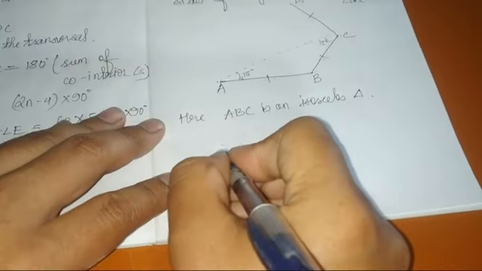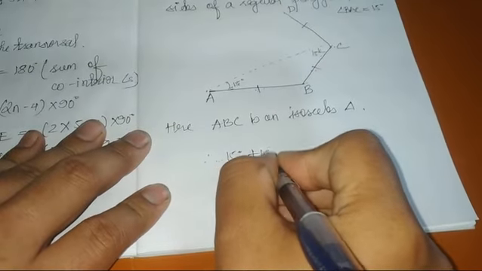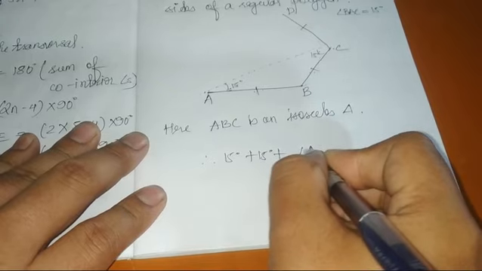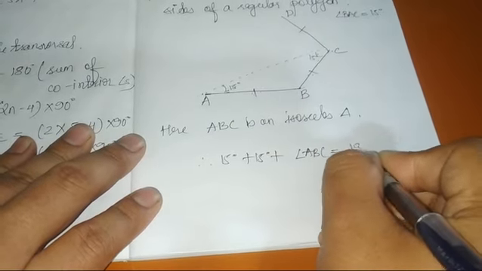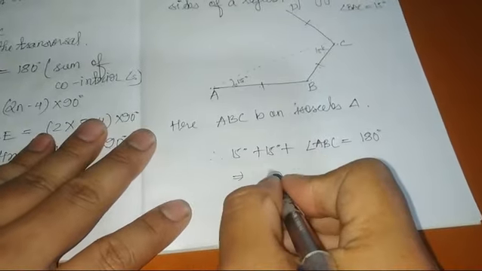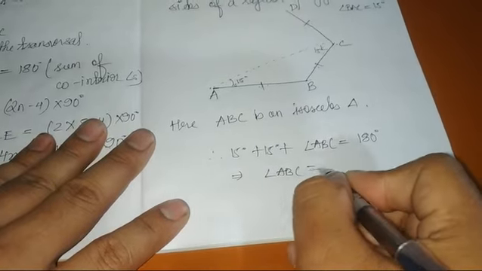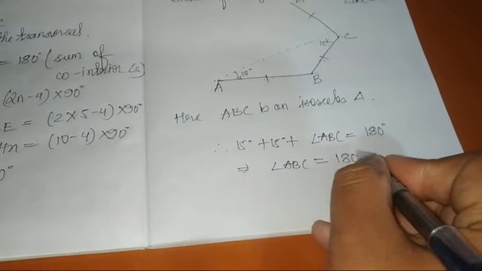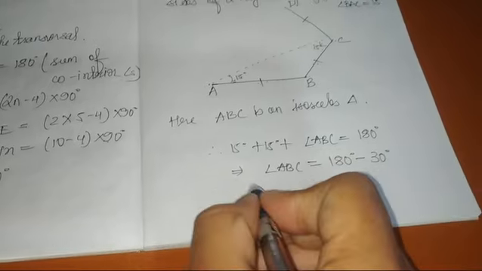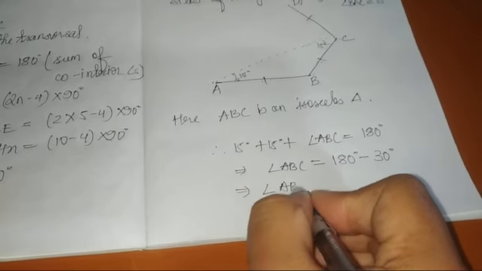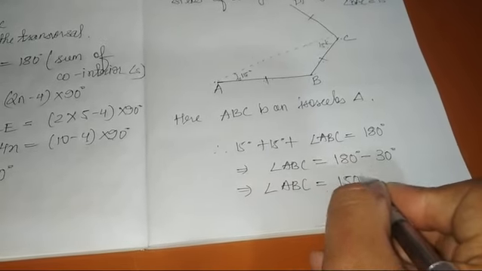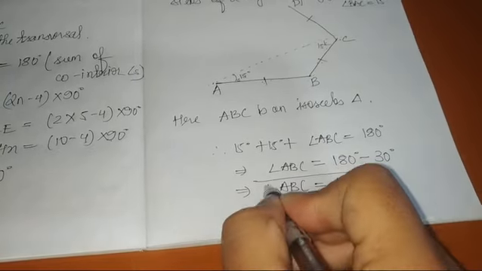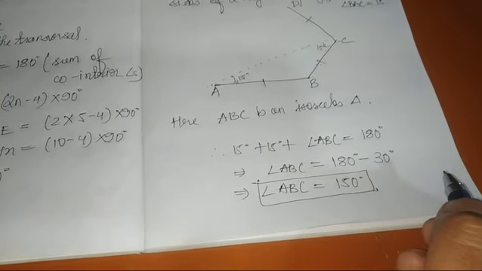Therefore 15 degrees plus 15 degrees plus angle ABC is equal to 180 degrees. So angle ABC is equal to 180 minus 30, therefore angle ABC is equal to 150 degrees. So this is your answer number 1.